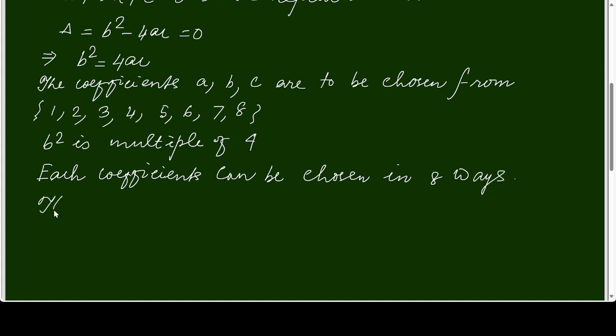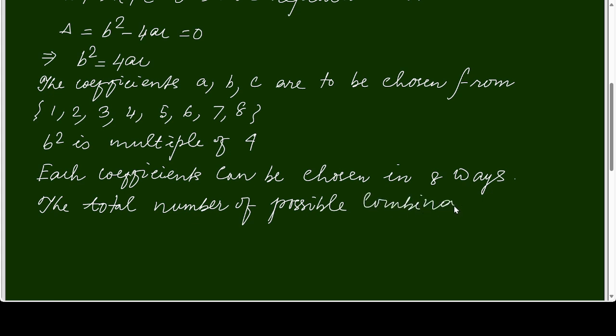The total number of possible combinations of a, b, c will be 8 multiplied by 8 multiplied by 8, that will be 512.